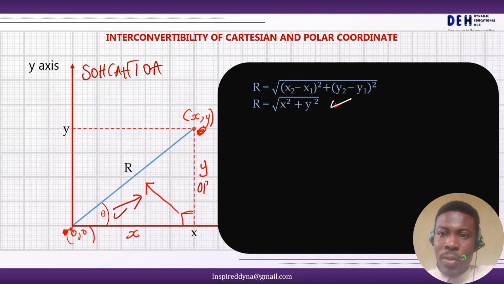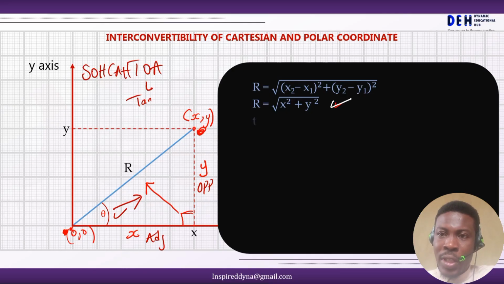So this side becomes opposite, this side becomes adjacent. Now you have your opposite as y, adjacent as x. Opposite, adjacent. So what are you going to use? You use TOA, which is tan. Tangent of theta will give you what? Opposite over adjacent. Opposite is y, adjacent is x.